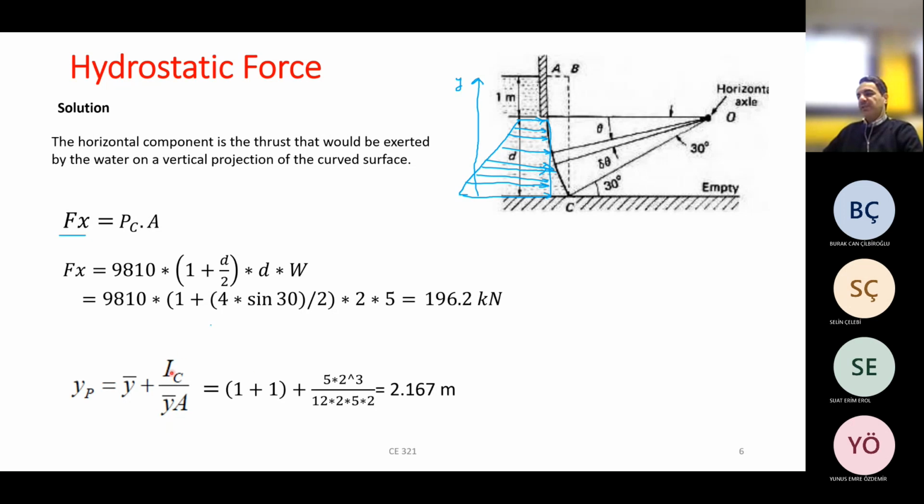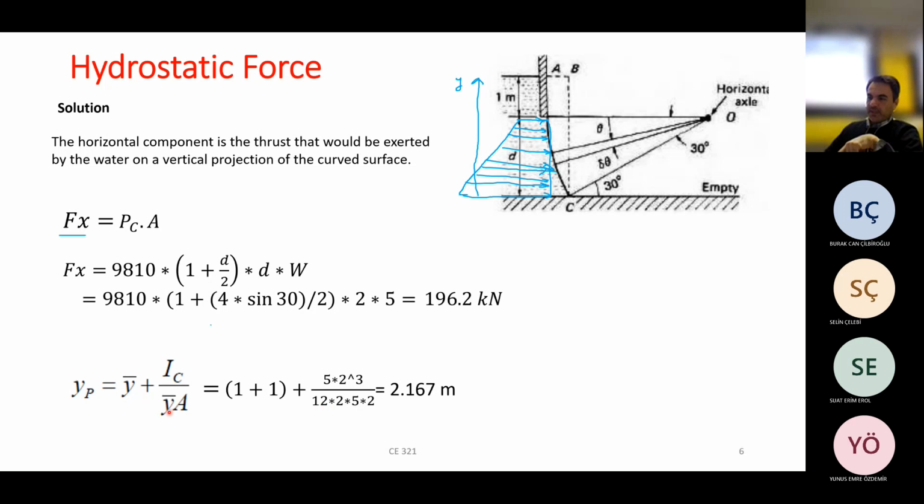And for the calculation of the moment of inertia, this is a rectangle. You know that it is b h to the power of 3 divided by 12. B is the width of our gate, 5. H is D, 2 meters to the power of 3, divided by 12.